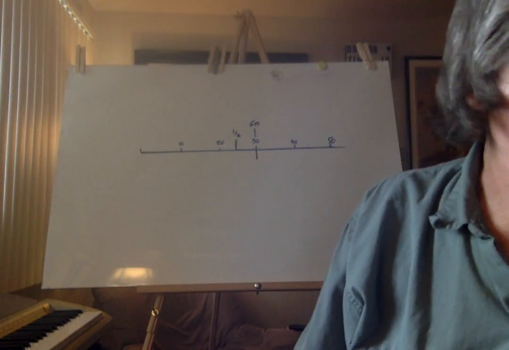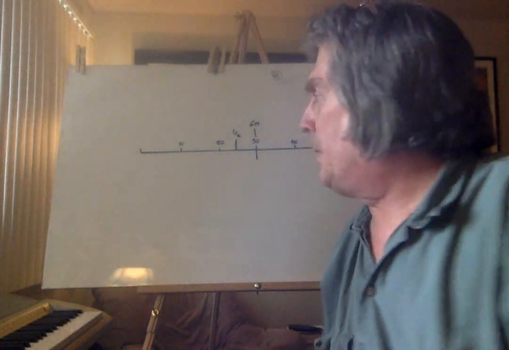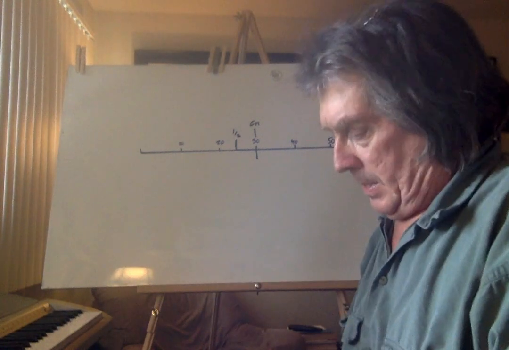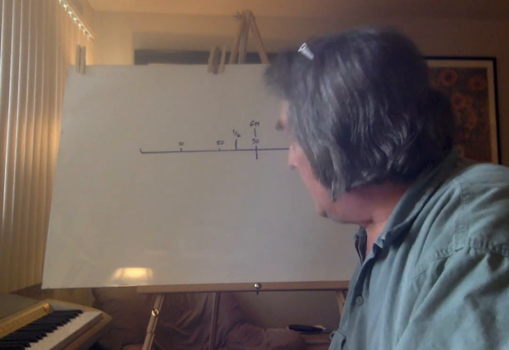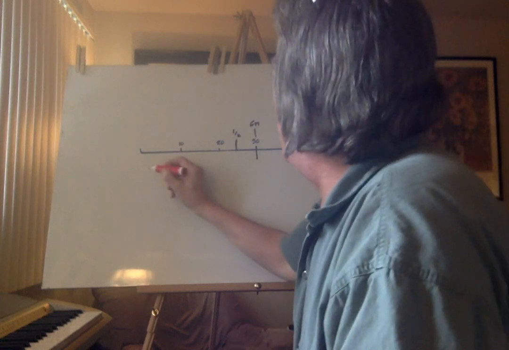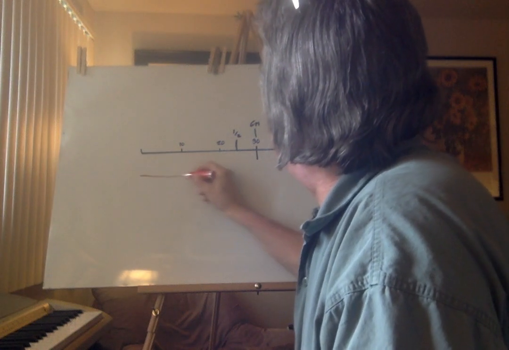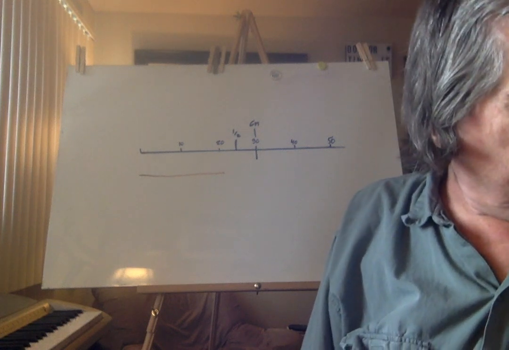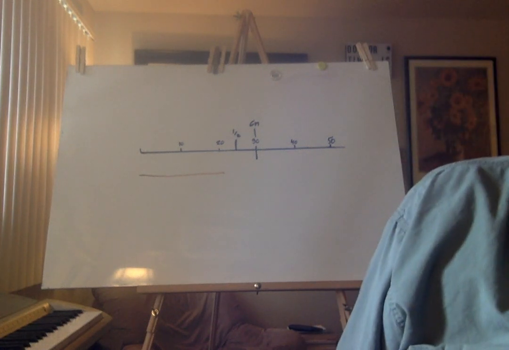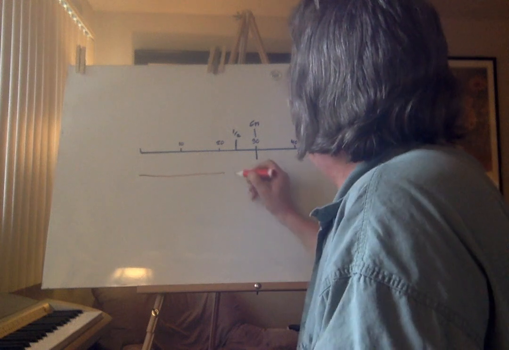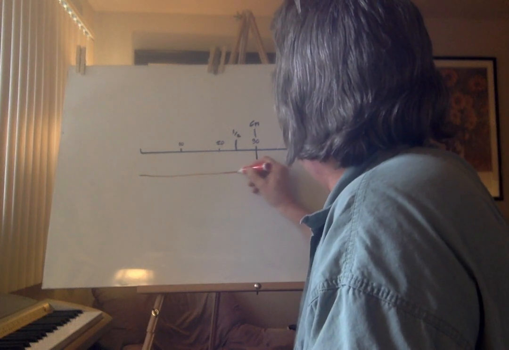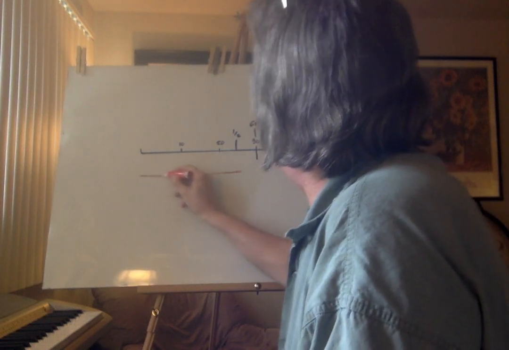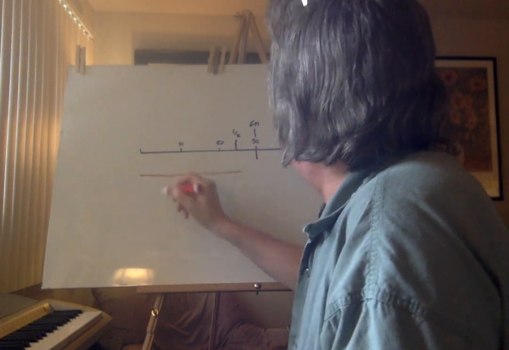Let me find a good color for the ostinatos here. How about a good solid red? So there's a bass ostinato using those pitches that runs from the beginning of the piece to approximately measure 25, 26, and then drops out for a little bit.